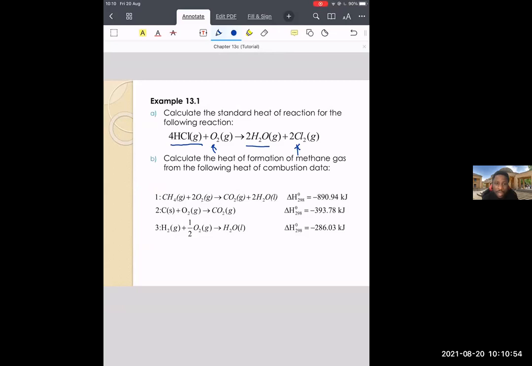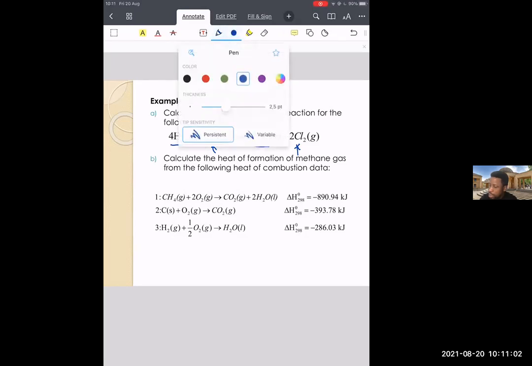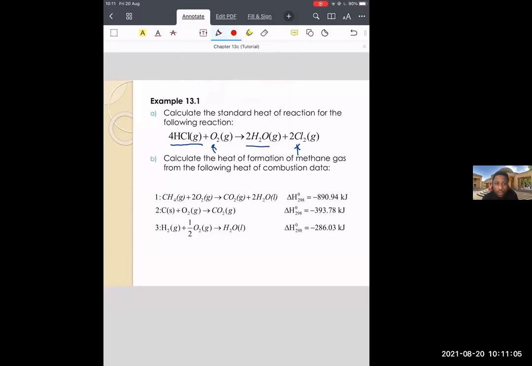Another thing that is very critical is this. The states are not put there for nothing. It is essential for you to take note of the states of the different compounds. Look at this, it's gaseous, and this is gaseous, meaning it's steam.